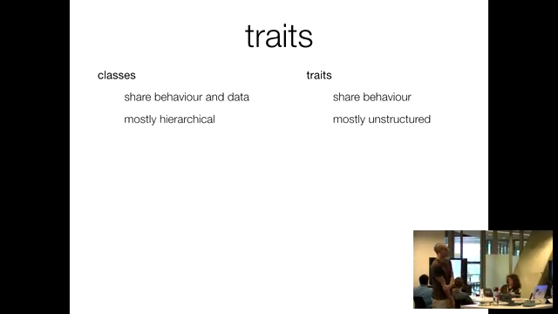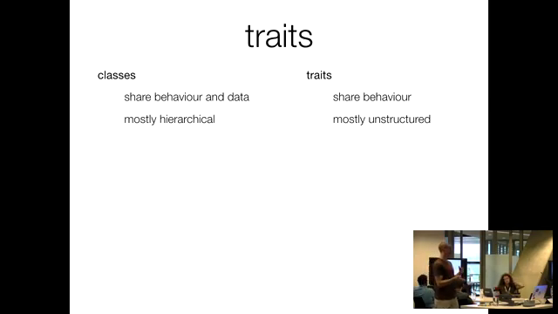Classes are mostly hierarchical. I got a question earlier about why errors aren't hierarchical in Rust, and we don't really have the kind of hierarchies that you get all over the place in most OO languages. It's actually possible in classes to have multiple inheritance, and therefore a DAG of inheritance rather than a tree.